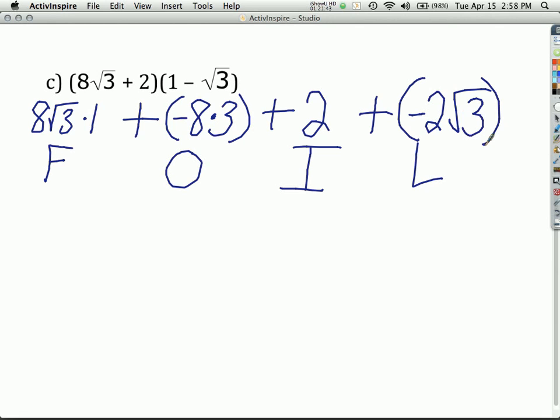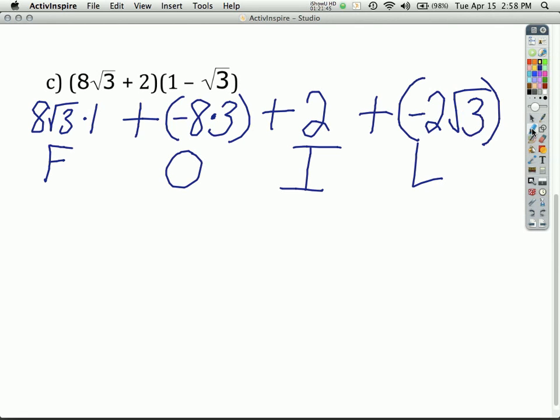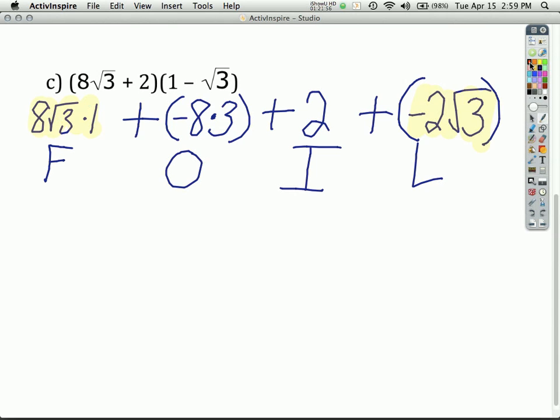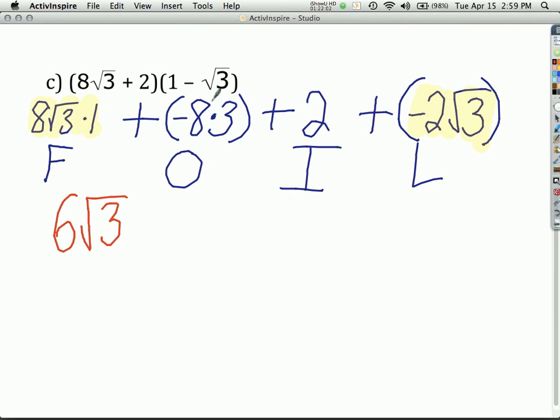Now simplify anything. This has a radical 3, and this has a radical 3. They are like terms. We can add them together. We have 8 radical 3 and -2 radical 3. We get 6 radical 3. This is going to be a -24. That's a +2 minus 22.